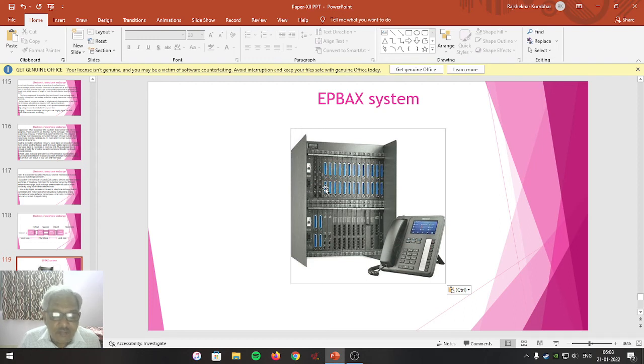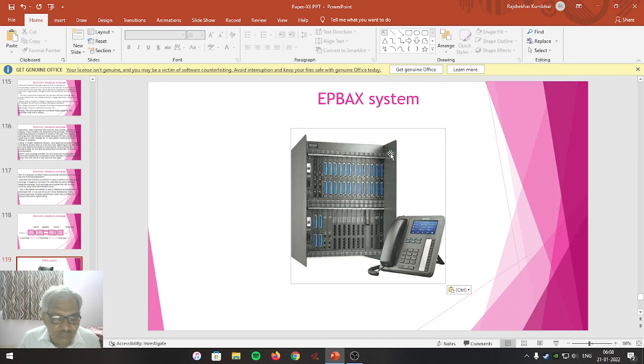Friends, large companies may have such EPBAX systems at different locations, many kilometers apart. The communication between these EPBAX systems can be done by means of long distance calls over the public network.